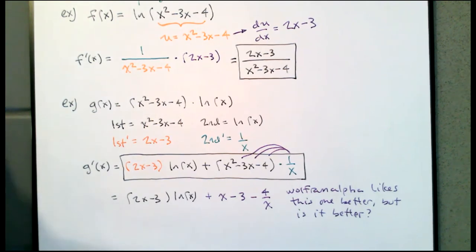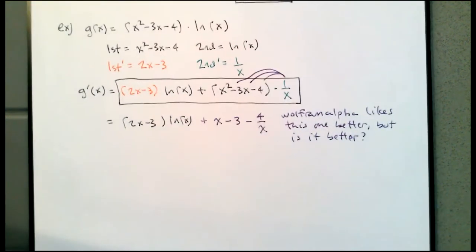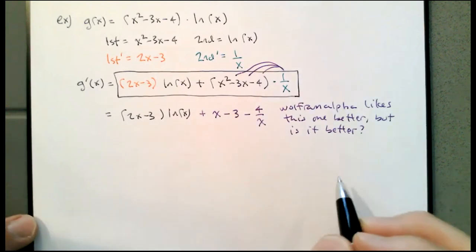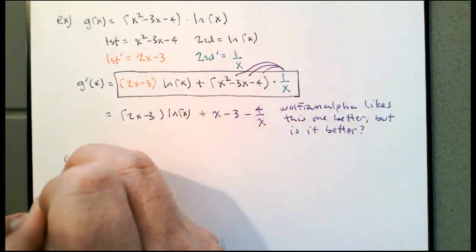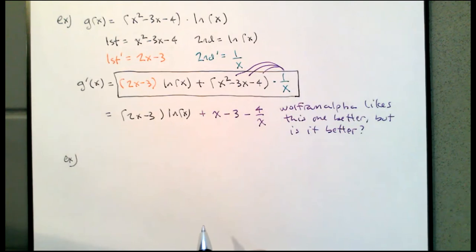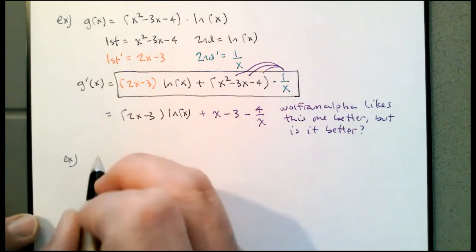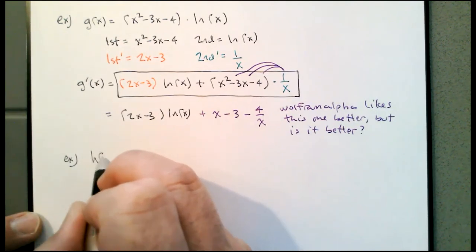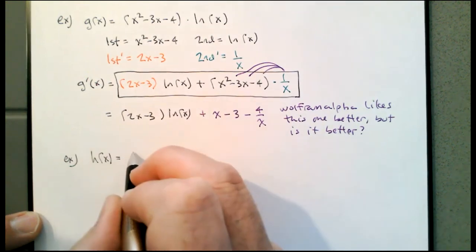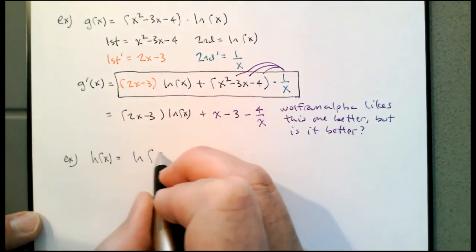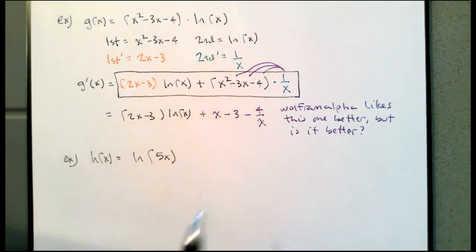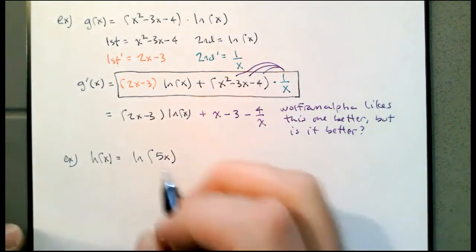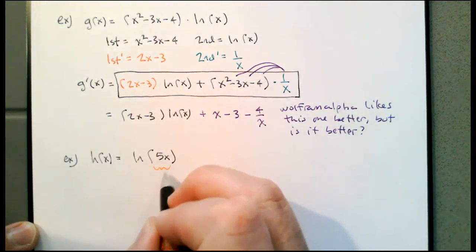So the natural log of x has some weirder behavior surrounding the chain rule, and it has to do with properties of logarithms and the way things work. Let's suppose we have a function h of x, and it's the natural log of 5x. This is very similar to our first problem. Our inside function is 5x.